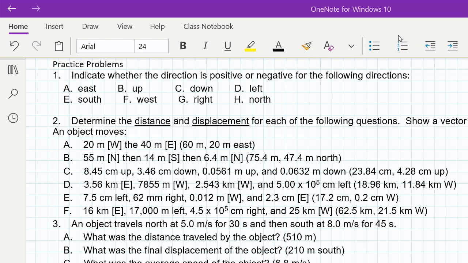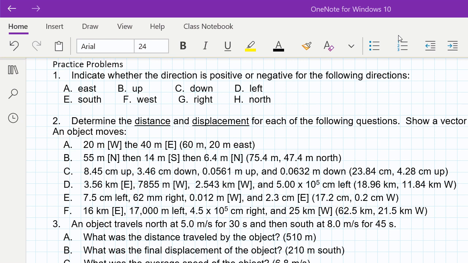The first one tells you to indicate the positive and negative direction. If you see east, south, up, west, down, right, left, north, what does that mean? You know now that east means positive, south means negative, up means positive, west means negative, down is negative, right is positive, left is negative, north is positive.